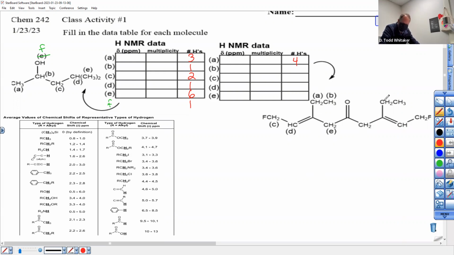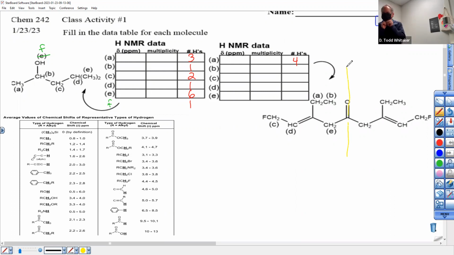The same CH2 has a CH3. The same CH2 has a CH3. The same CH2 goes to a C with a CH2 and then a carbonyl. The same CH2 goes to a C that is an alkene with a CH2 that's attached to a carbonyl. It's symmetrical is what I'm trying to say, right? I think you see the symmetry now. Here's a line of symmetry.